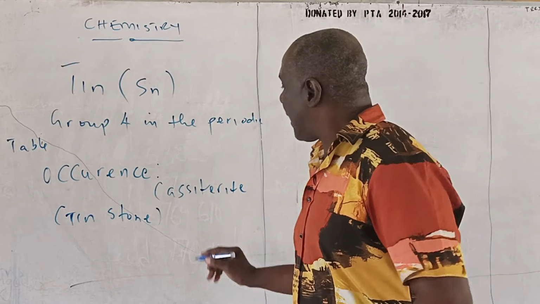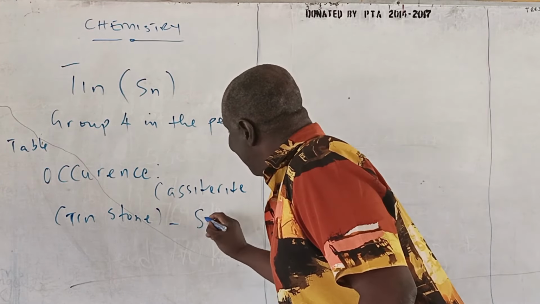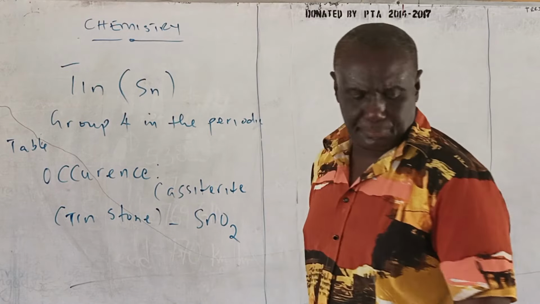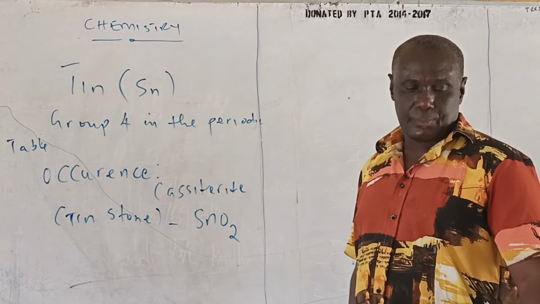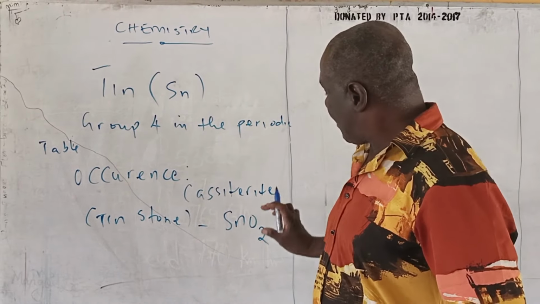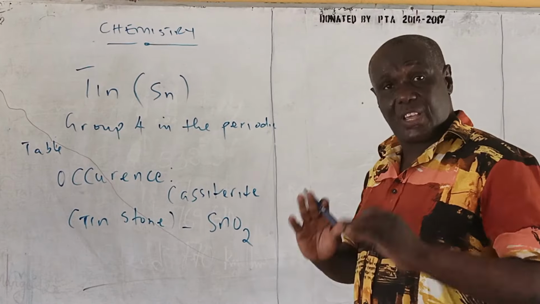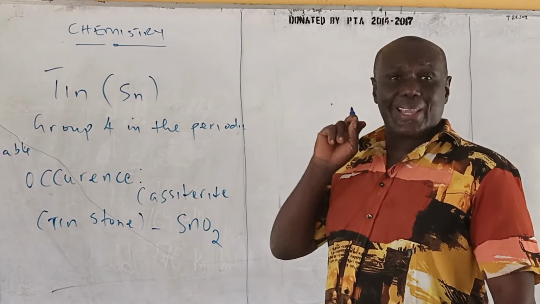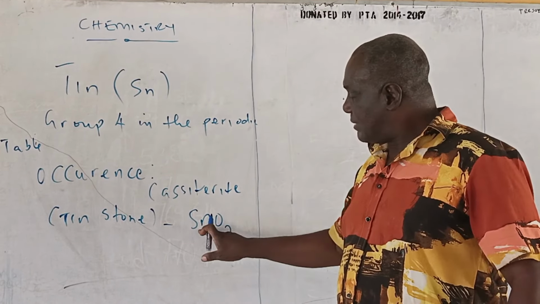The chemical formula is SnO2. Now SnO2 means it's a compound, and what we are interested in is tin.